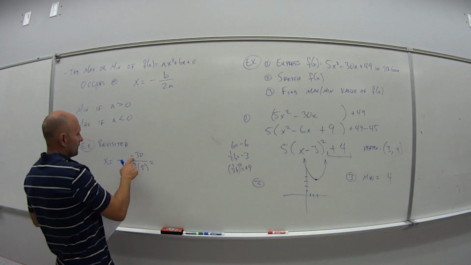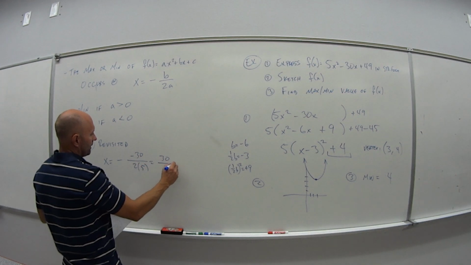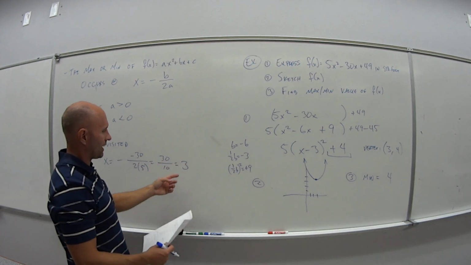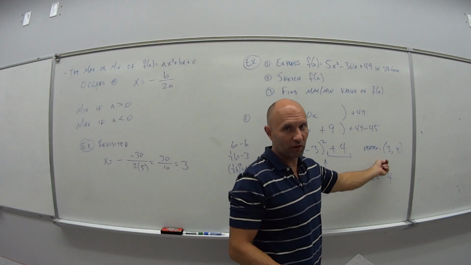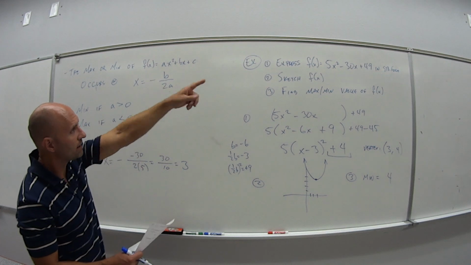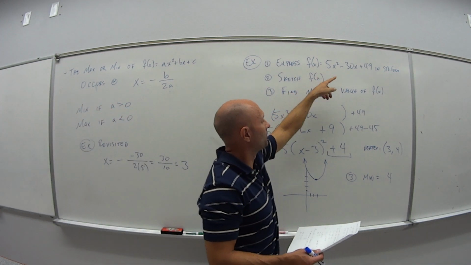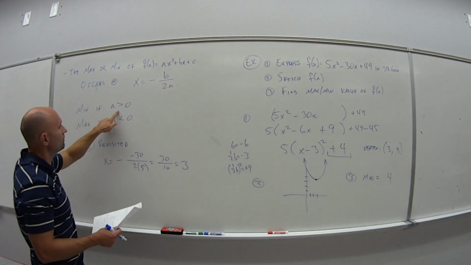So negative times negative is positive. So 30 over 10, which is 3, which happens to be our x value of the vertex. Now that we know x is 3, we can plug it in. Because a is positive, we know it's a minimum value.